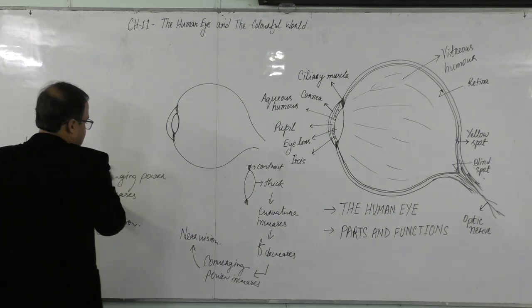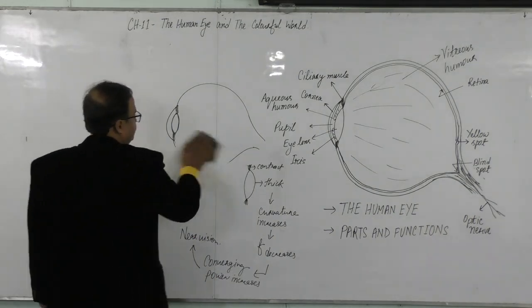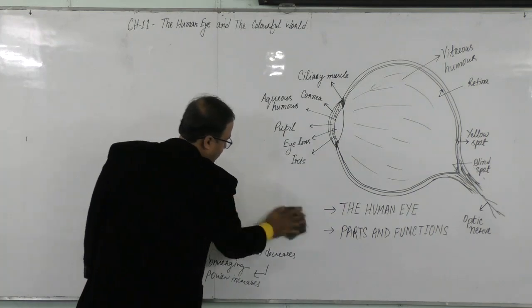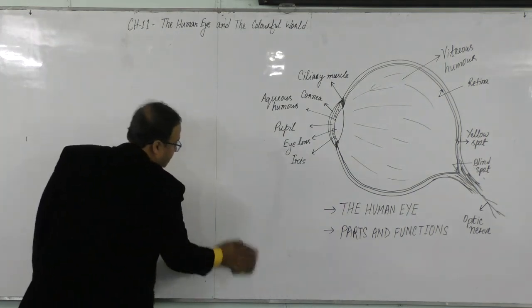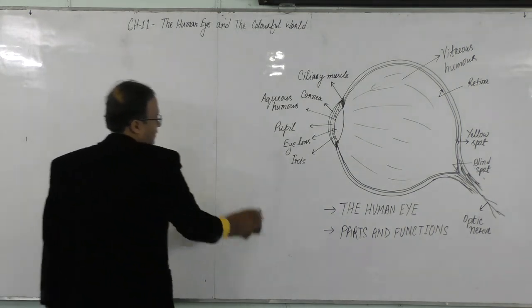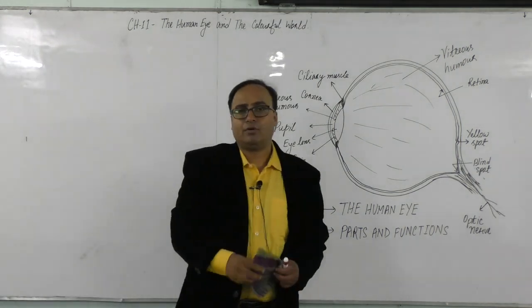So we have discussed about cornea, iris, pupil, then we discussed about the special ability of the human eye lens, that is power of accommodation.